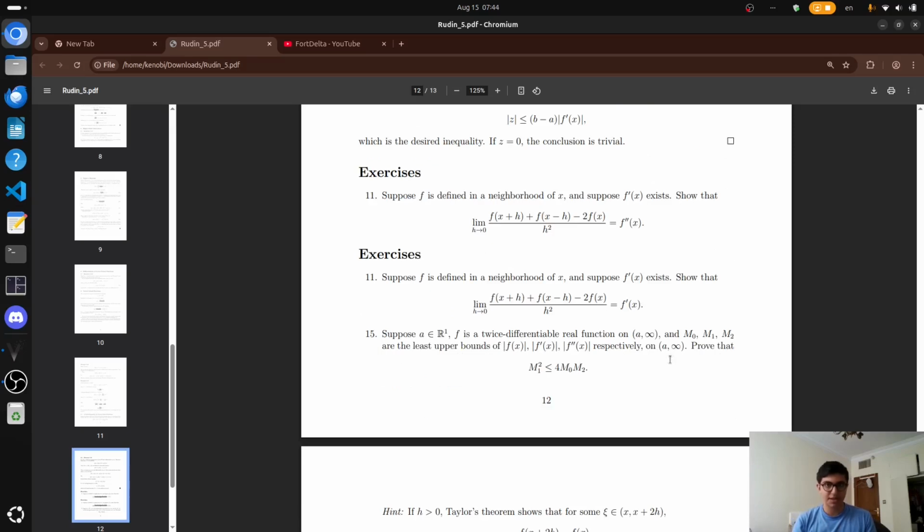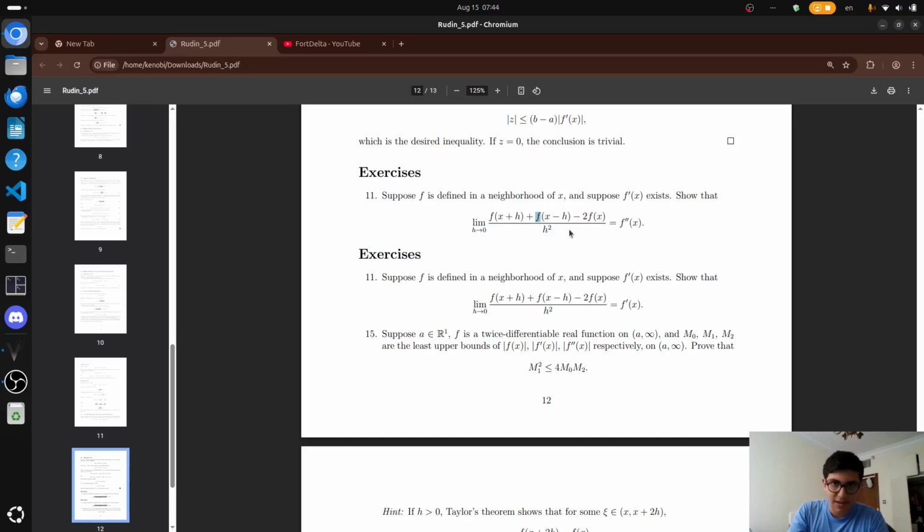Some exercises that I found interesting to show in the video is that you can find f prime of x like this, and it's basically with L'Hopital's rule, because both of these go to 0. Take the derivative, and you're going to be left with f prime of x plus h plus f prime of x minus h minus 2f prime of x over 2h.